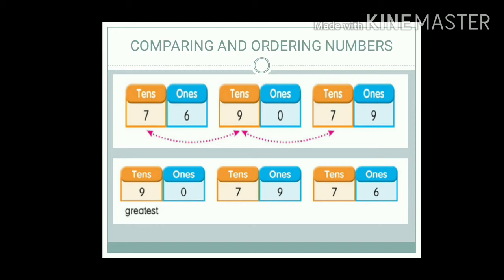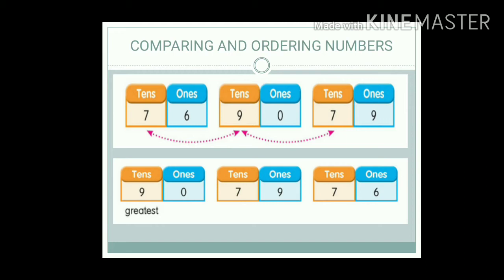In the first number 76, we have 7 in the tens place. In the second number 90, we have 9 in the tens place. And in the third one, we have 7 in the tens place. So, what can you understand? We can understand that the 9 in the tens place of 90 is the greatest of all, right, children? That is what we have understood so far.